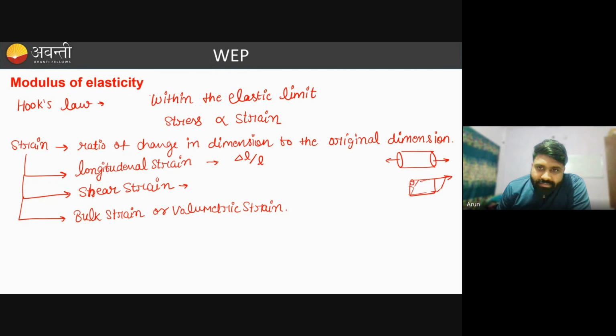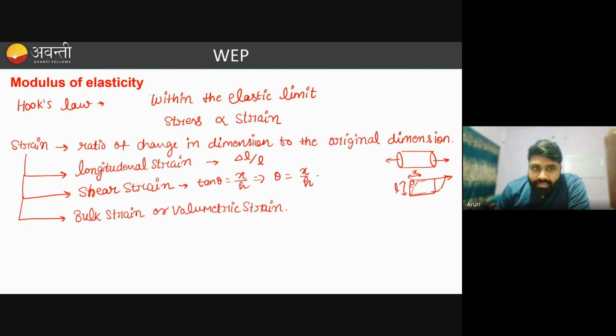So we can say that if this shift is x and the side length of this cube is L, then tan theta equals x by h. Or, as this theta is very small, we can say that theta equals x upon h.